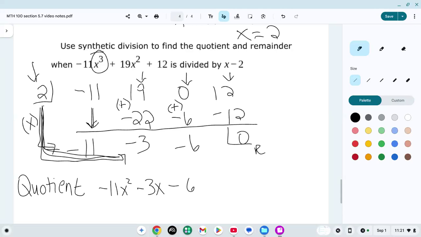My answer cannot have the same power as my problem started off having, because you are taking x to the third and dividing it by x, which reduces that to an x squared. And then your remainder, I'm not going to write that all the way out. You'll either put 0, or Alex may ask you to put your remainder over what you were dividing by. And in this problem, it was x minus 2.